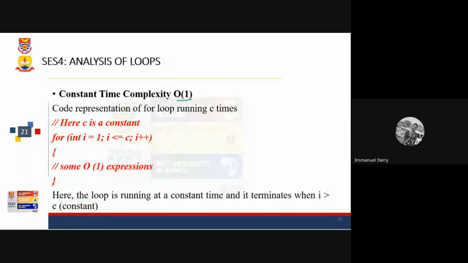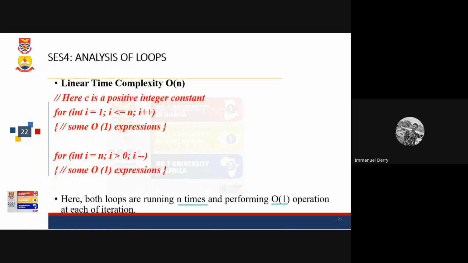For the start, let's look at this one over here. For int i is equal to 1, i is less than or equal to C, i plus plus. I hope we get that. Yes, sir. This is clear for everybody. All right, so let's look at the second for loop in the linear time complexity.